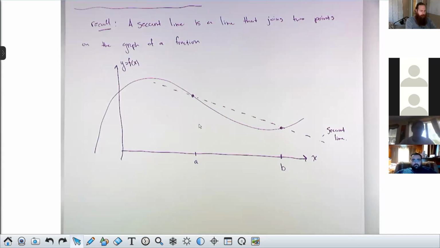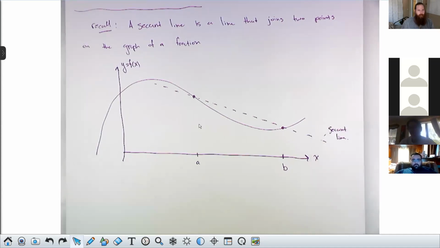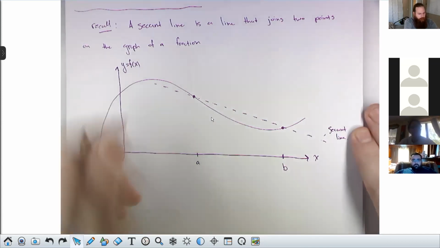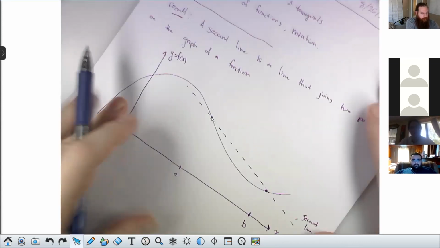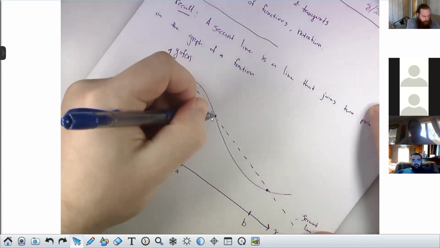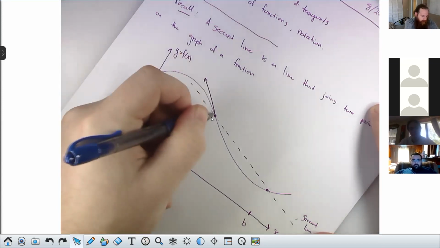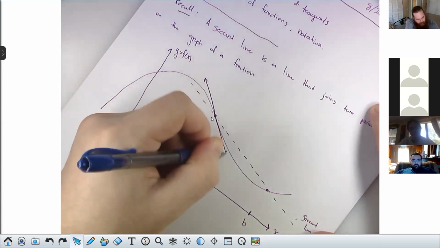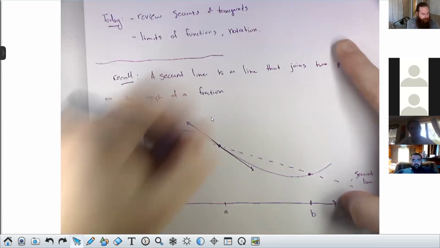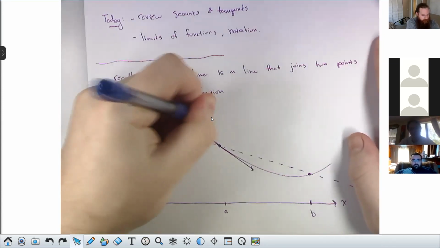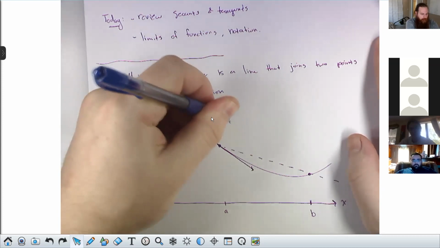The reason we're going to start talking about limits today, or one of the main reasons, is because we want a process that will allow us to go from this secant line, or the slope of that secant line, to this tangent line. So this is the tangent line.